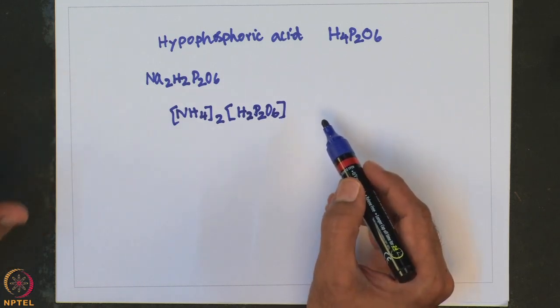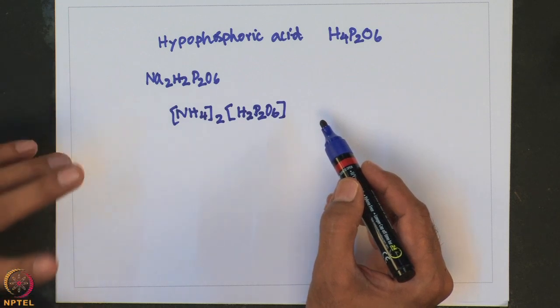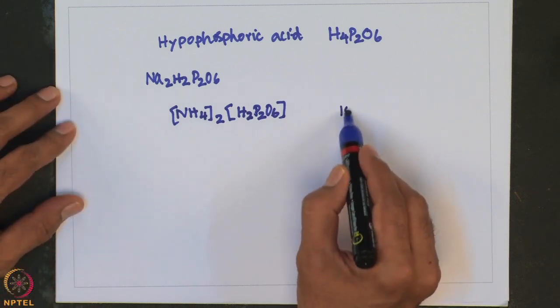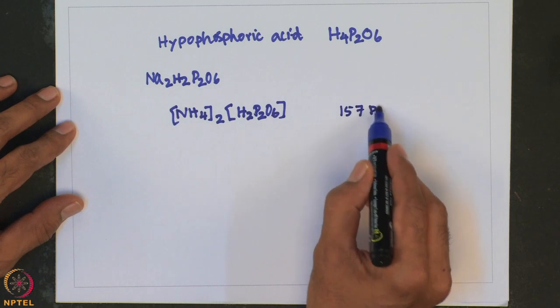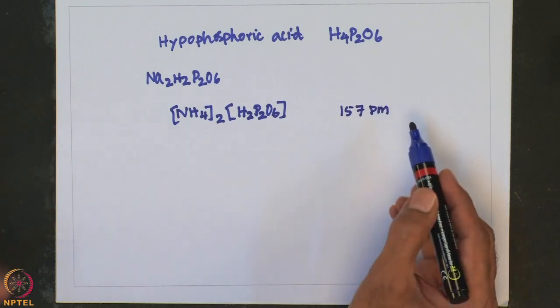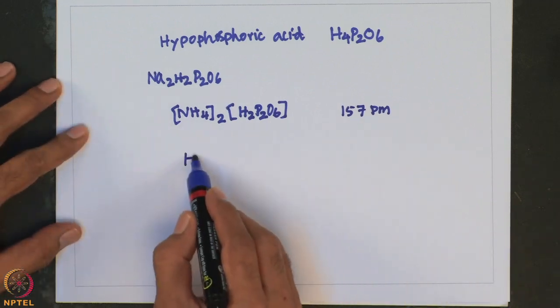So, that means all terminal PO bonds are of equal length, that is 157 picometer, and in hydrolysis it gives two types of acids.